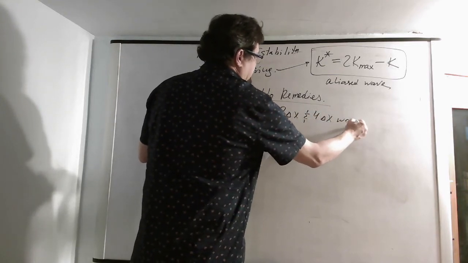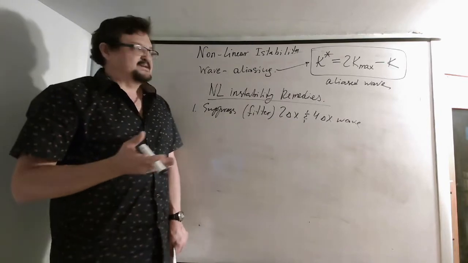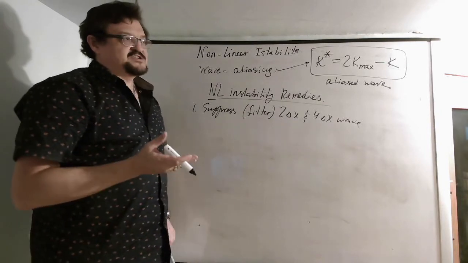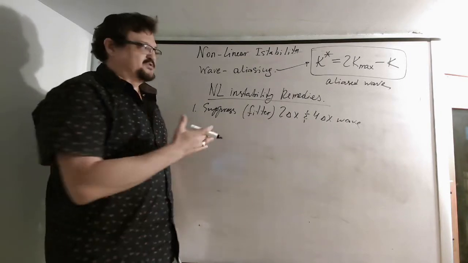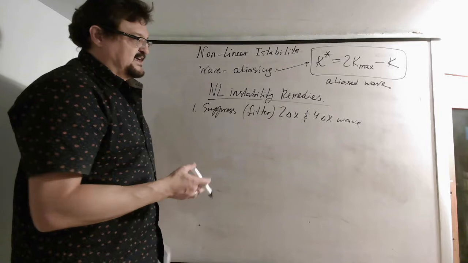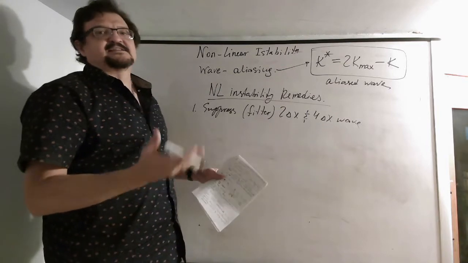And this is fine because those waves are the shortest that can be represented, and they don't really participate so much in the solution because, in order to resolve something, you need longer waves than that. Remember, you need at least like 10 delta x waves.